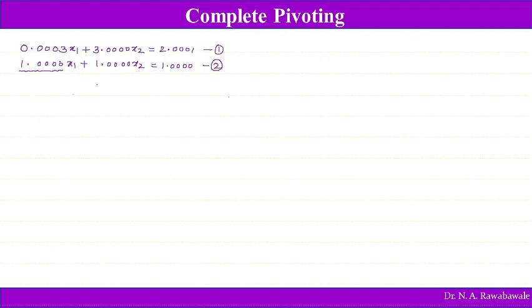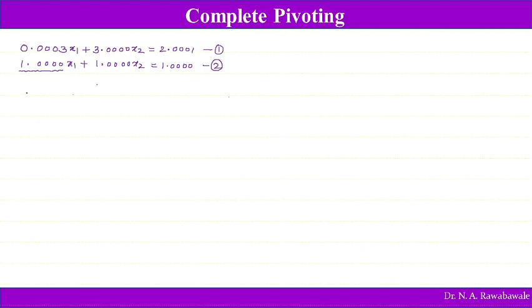But what if, instead of interchanging only rows, we interchange rows and columns both? Say, for example, we want to bring this 3.00 into the first column.